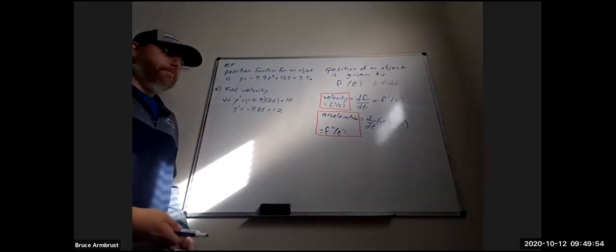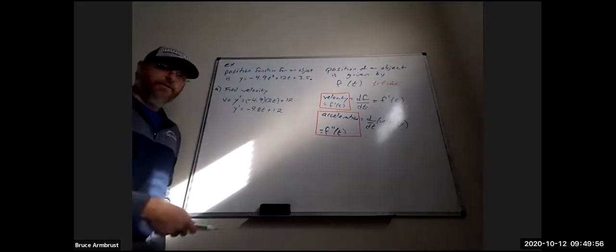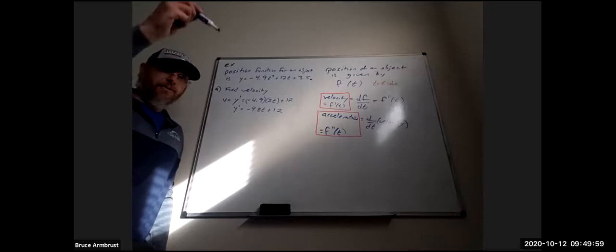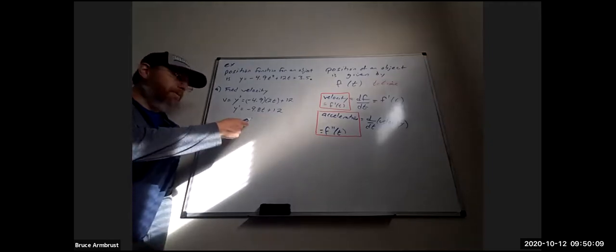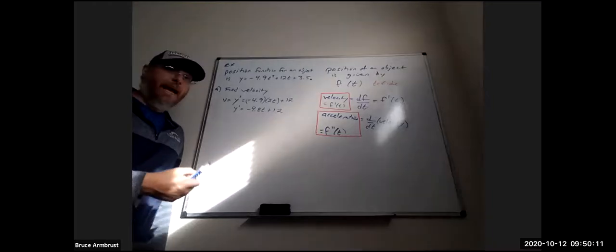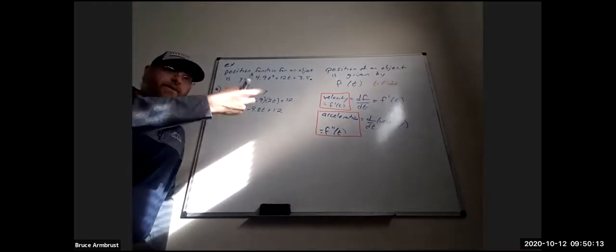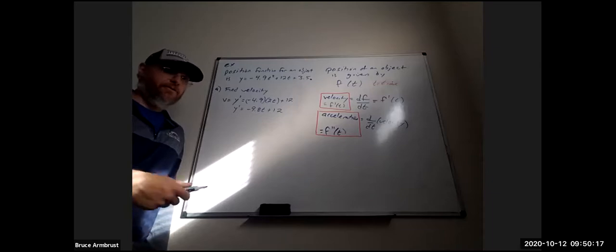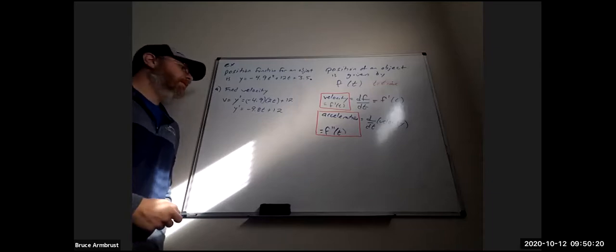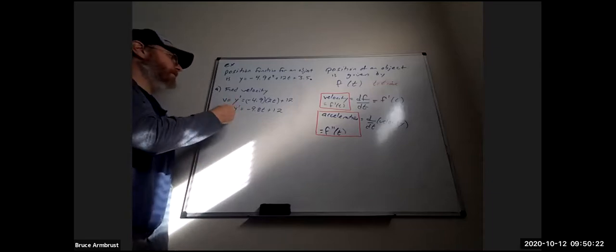So at t equals 10, 10 seconds from now, this thing is going downward. That's what I can tell you by knowing that it was negative 86. At time t equals 1, remember this was a positive number, 2.2. That means after 1 second of this thing moving, it's moving upward. Right, so that's how you would interpret that. Okay, well, there's our velocity.